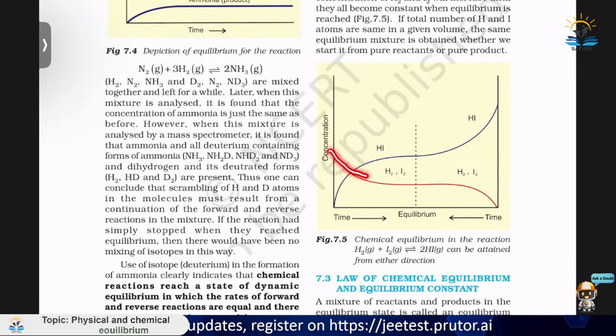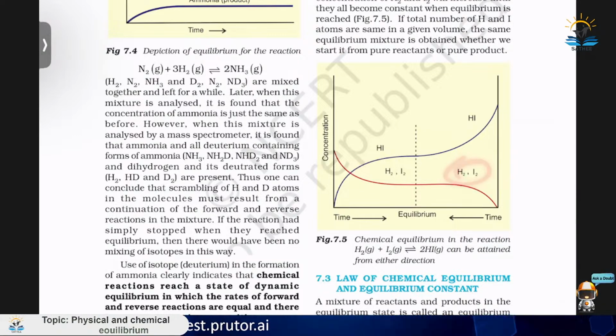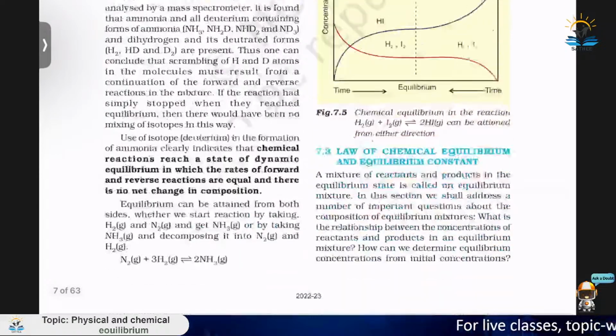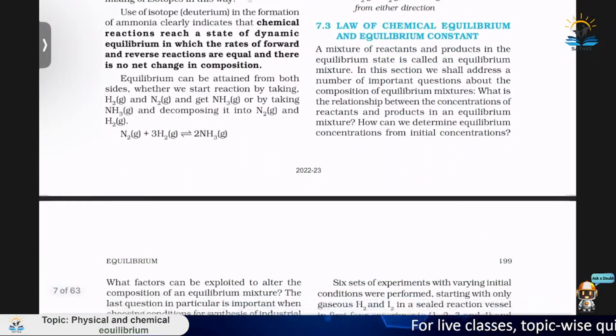You can observe that hydrogen and iodine reach their equilibrium concentration and HI also reaches its equilibrium concentration eventually. But if you take HI in excess on the right side and you remove the reactants, you will see that HI will start forming the reactants until both of them reach their equilibrium condition. So you can attain equilibrium from any side. This is what they have told.